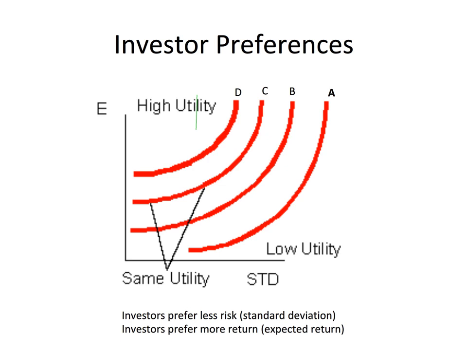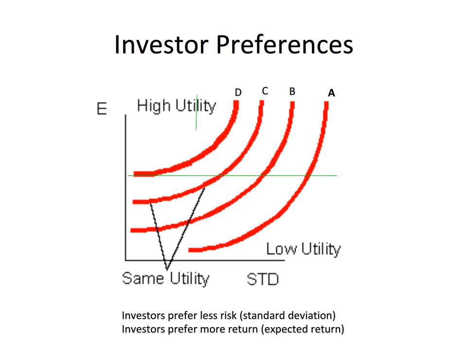As you move up the line, you increase return, and as you can see, if you increase return for the same standard deviation, which again is what happens along that green line, you move up the indifference curves A, B, C, and D. So in this case, the individual is gaining utility as we increase return. The same thing happens when we hold the standard deviation constant.